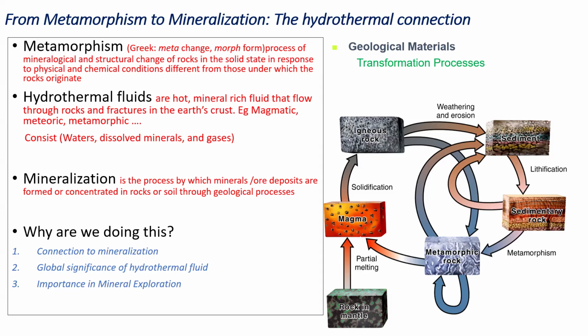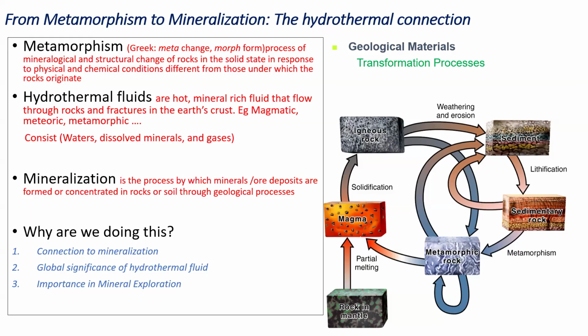The deeper you go, the more elevated the temperature becomes, at approximately 30 degrees Celsius per kilometer, and about 5 to 20 degrees Celsius increase per Ma, per million years. So you can imagine if a rock is buried at around 10 kilometers or 15 kilometers, what the temperature and pressure condition at that depth would be.